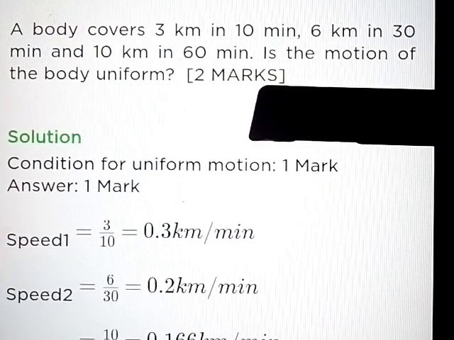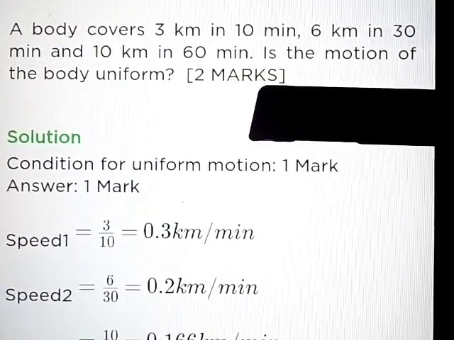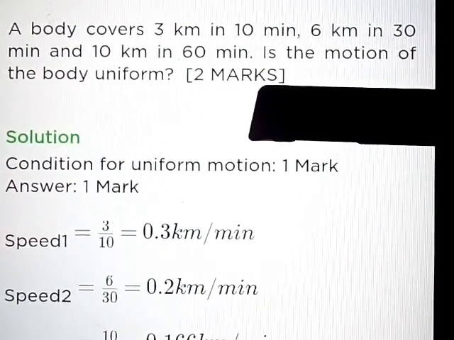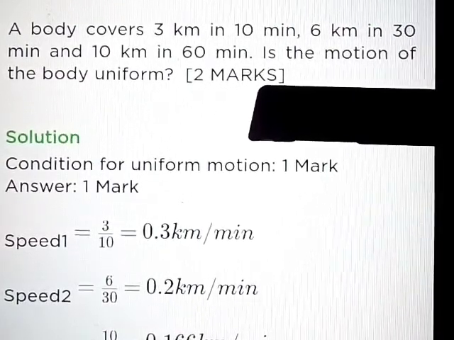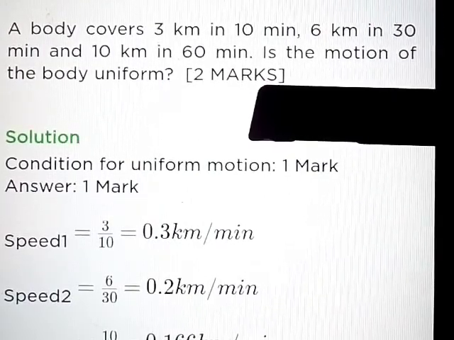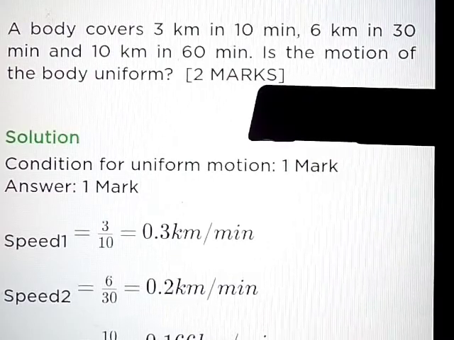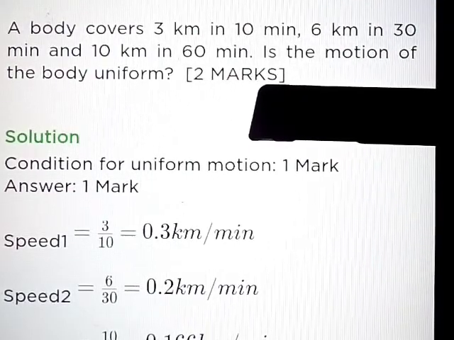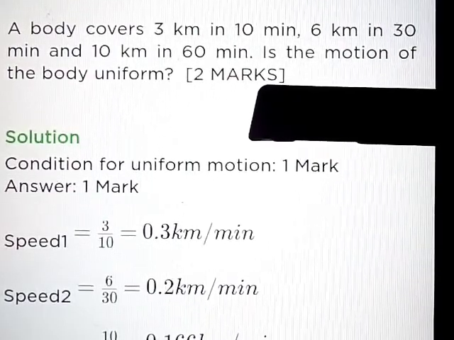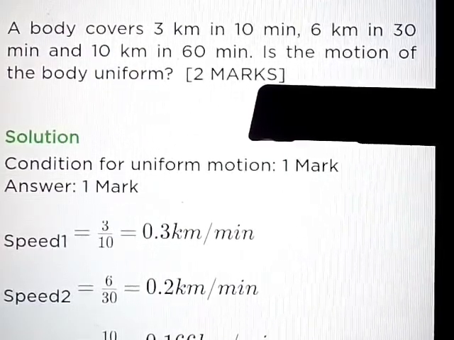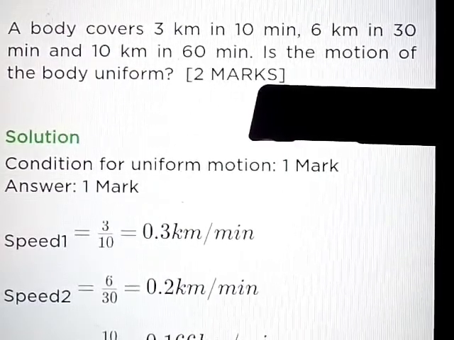Question number 4. A body covers 3 km in 10 minutes, 6 km in 30 minutes and 10 km in 60 minutes. Is the motion of the body uniform? Answer. Speed 1 is equal to 0.3 km per minute. Speed 2 is equal to 0.2 km per minute.